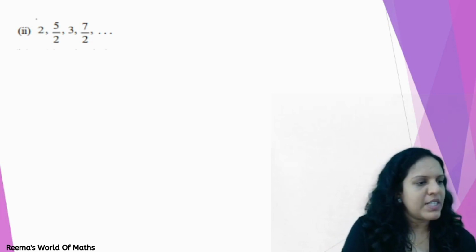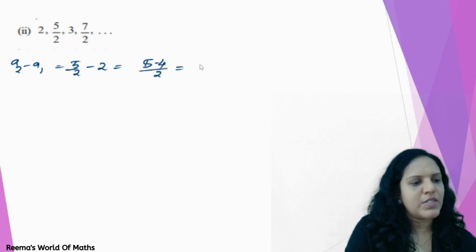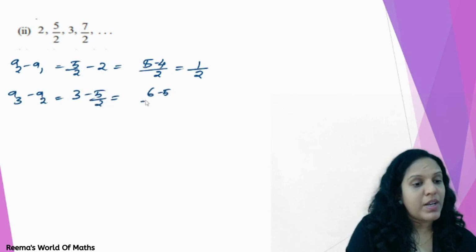A2 minus A1, which is 5 by 2 minus 2, which is 5 minus 4 by 2, equals 1 by 2, correct? Secondly, A3 minus A2, which is 3 minus 5 by 2, which will be 6 minus 5 by 2, equals 1 by 2.